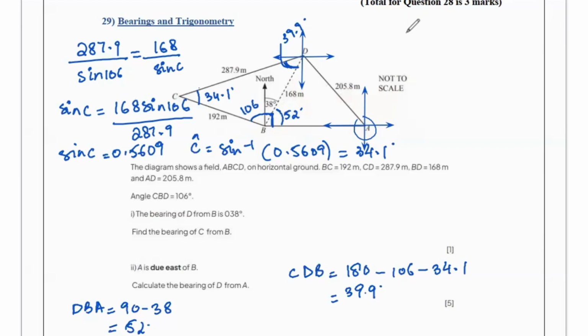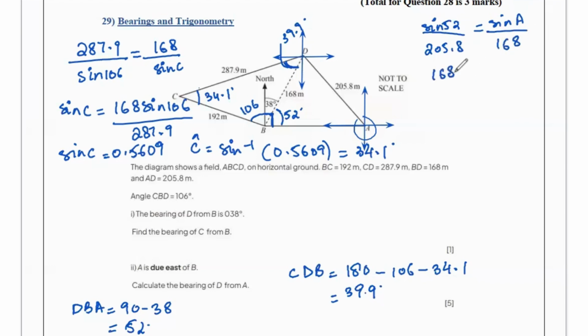So that's going to be sine of 52 divided by 205.8 equals sine of angle A divided by 168.